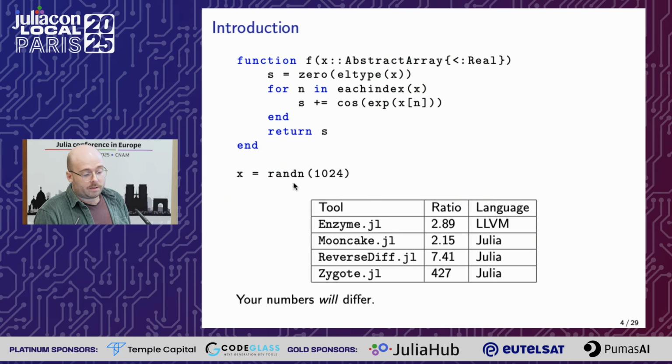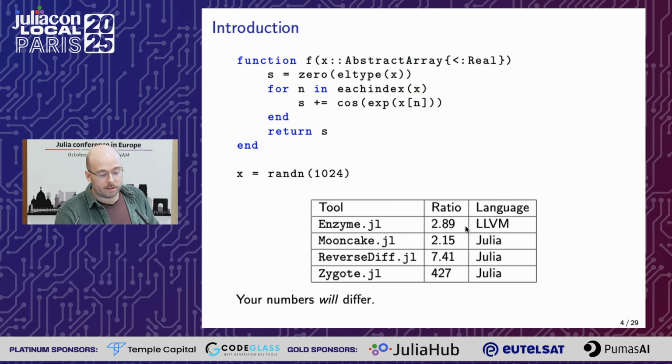If we apply this function to a vector of length 1024 and try out various different AD backends in reverse mode, what performance do we get? This ratio column gives us the performance numbers, and this ratio is the time it takes to compute the value and the gradient of f at x, divided by the time it takes to just compute f.